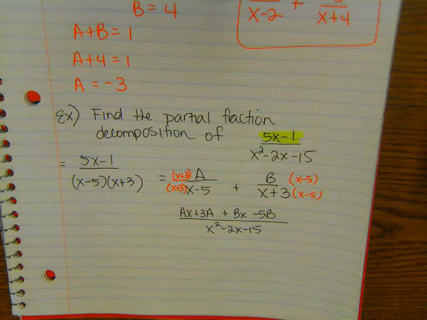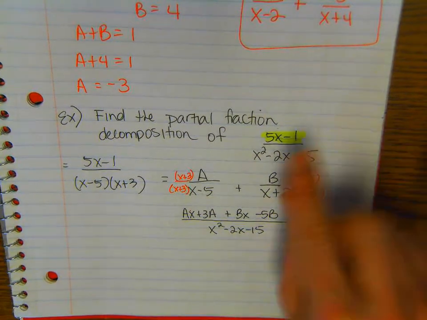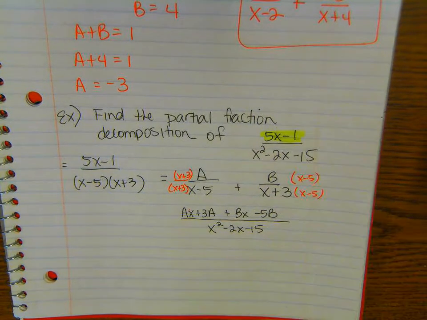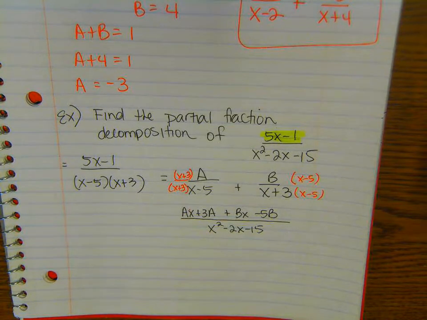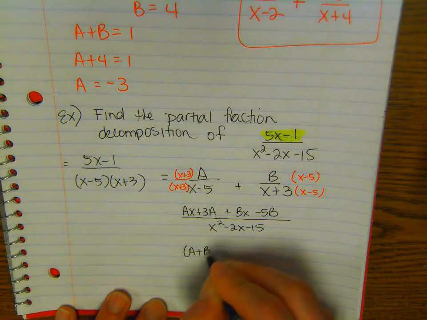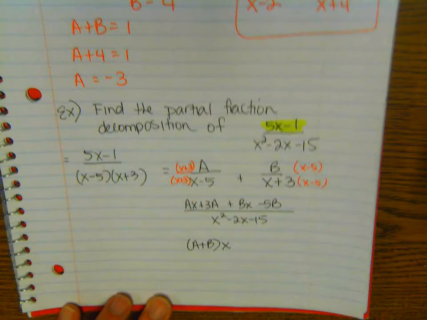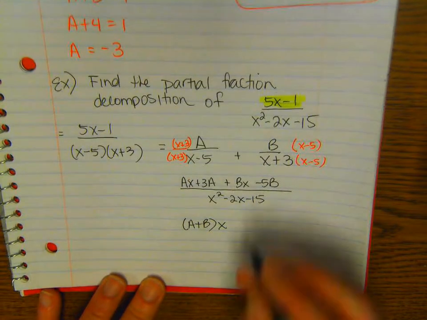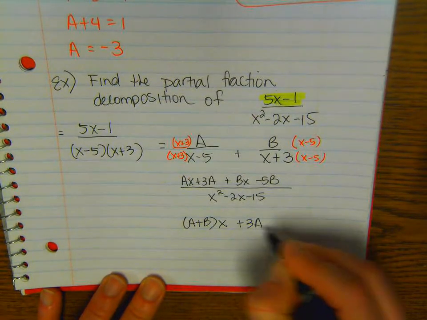So I want to look at what I have here, and I have things with x's in them and things with other things in them, just constants. So I'm going to group the x's again. I have AX plus BX, so I can write that as A plus B x, and then what's left? Plus 3A minus 5B.